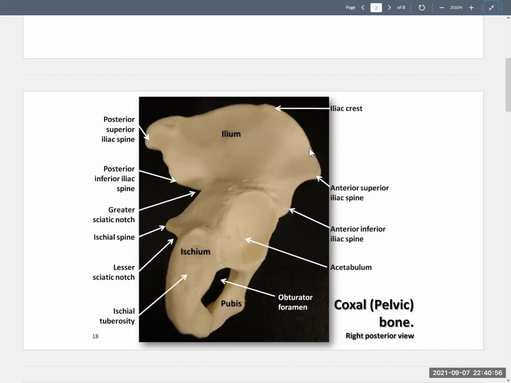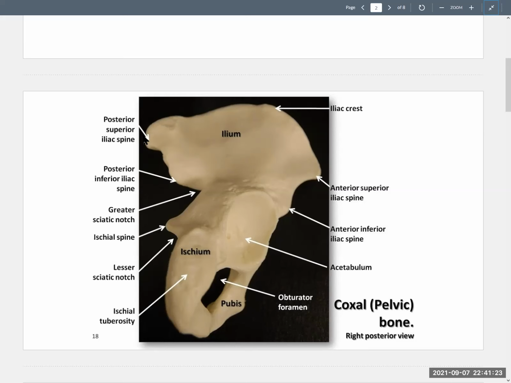Now, go to the other direction and come to the end, and it's the posterior superior iliac spine. If you wanted to find the posterior superior iliac spine, you're going to have to go to your back.